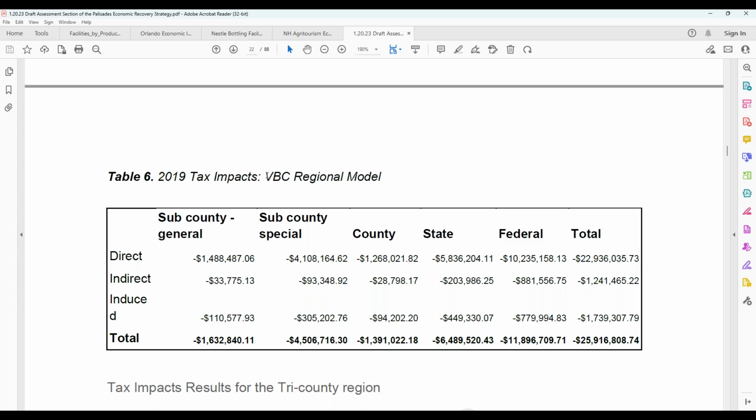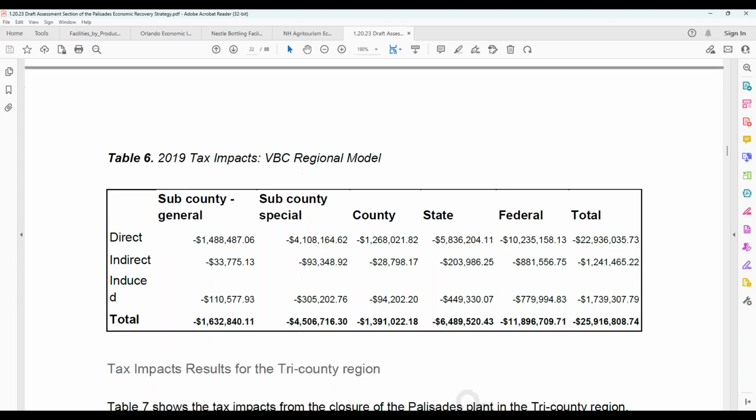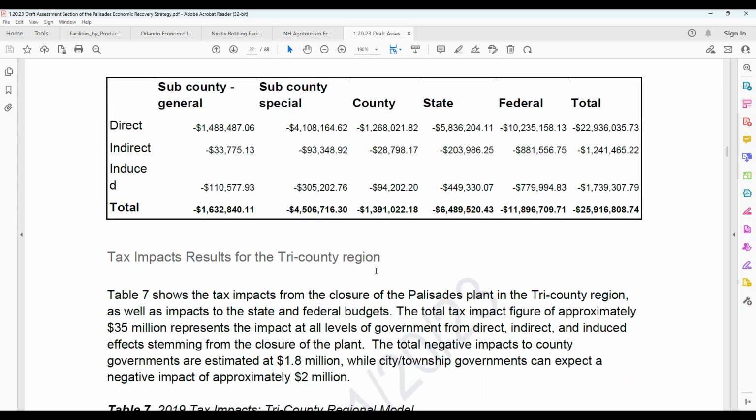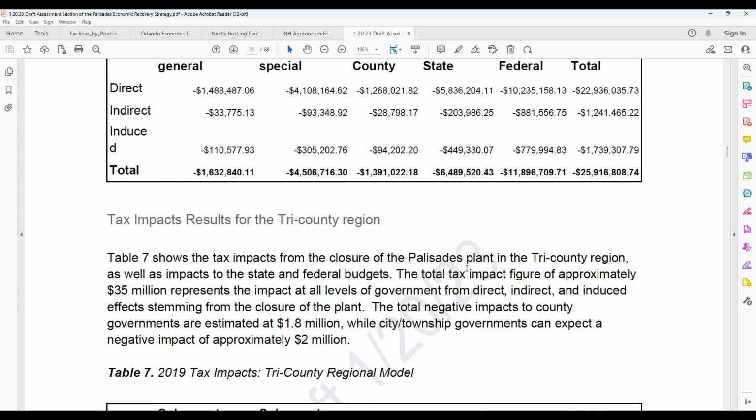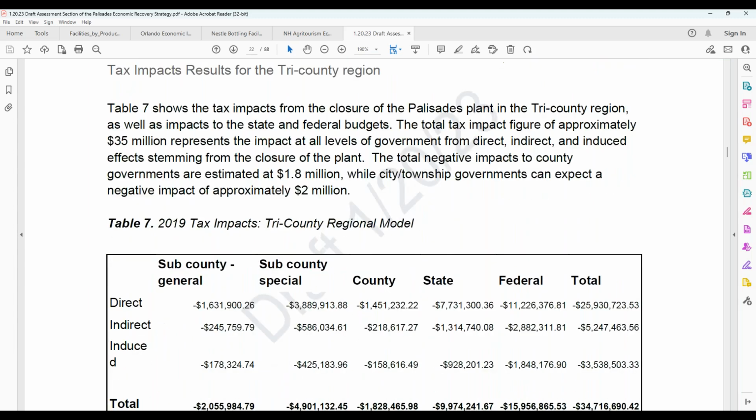This report aims to show what that means to the local county, the tri-county region, and even the rest of the state of Michigan, which is what I was showing in IMPLAN earlier when we were talking about the MRIO, or multi-regional input-output analysis, feature of IMPLAN.